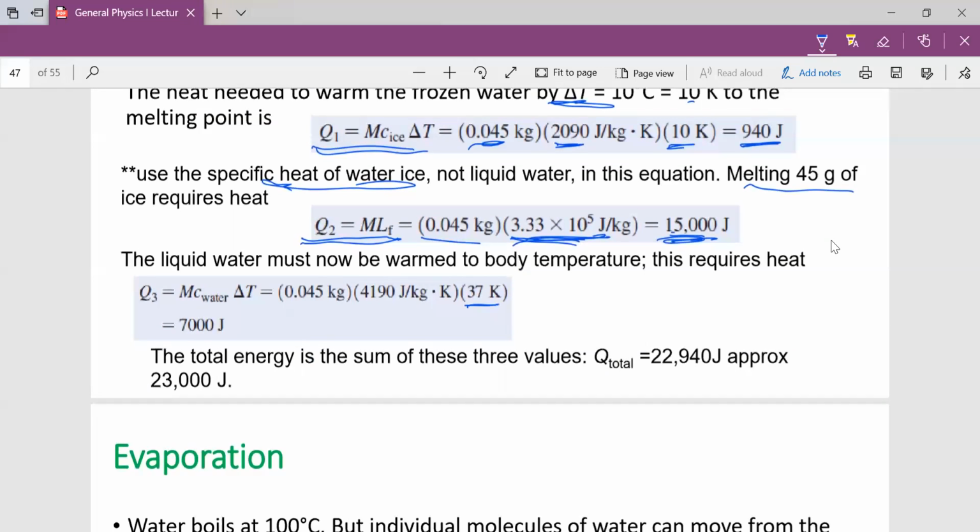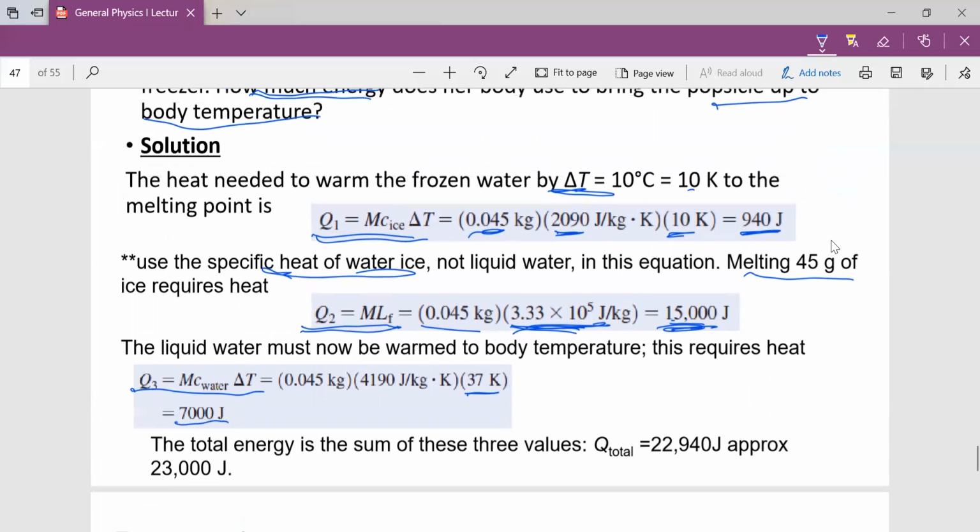So that's where we got that 37 from. So we'll apply that to the same, so we'll have 3 phases of heat change here, Q1, Q2, Q3. When we apply that, we got 7,000 joules. So the total, which is the net heat of that system, is what the heat energy that the body used to take that.